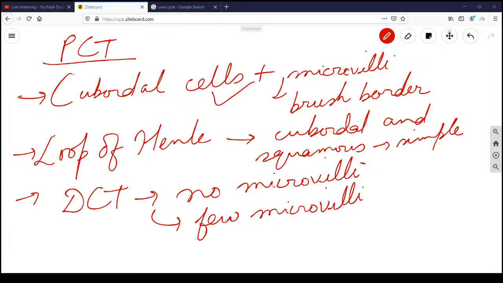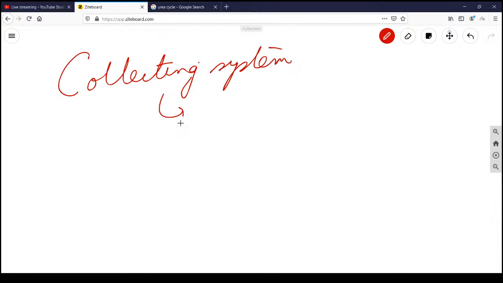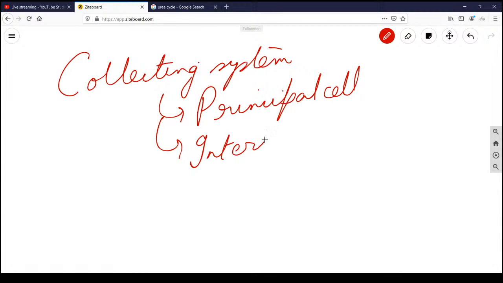Then coming to the collecting system, which has the late DCT, the intercalated cells and principal cells. Both will be cuboidal cells. In many books it is known as late DCT. The principal cells and the intercalated cells both have cuboidal epithelium.